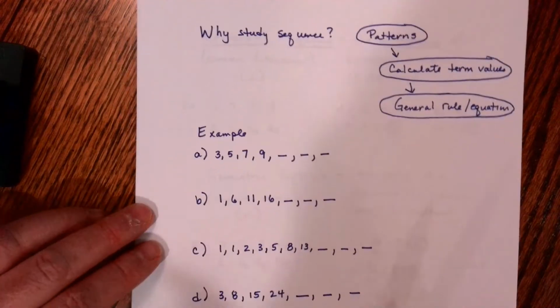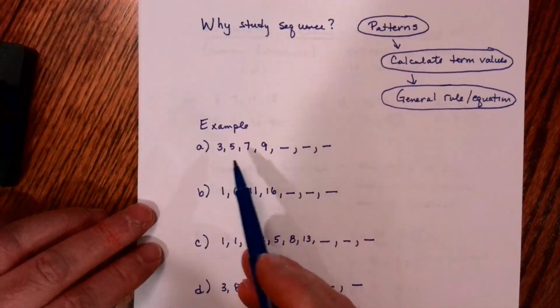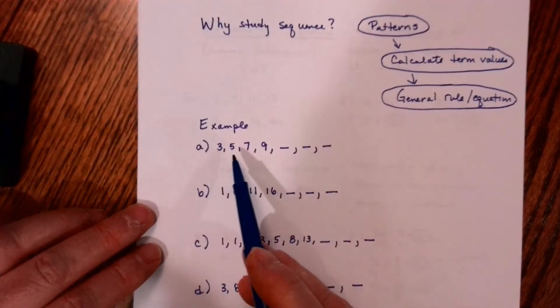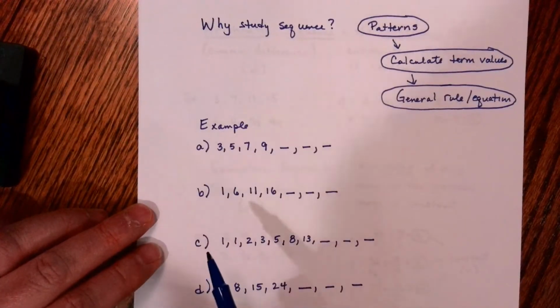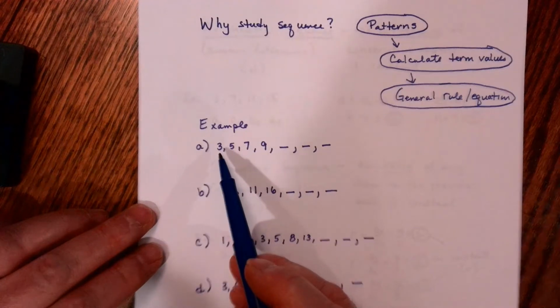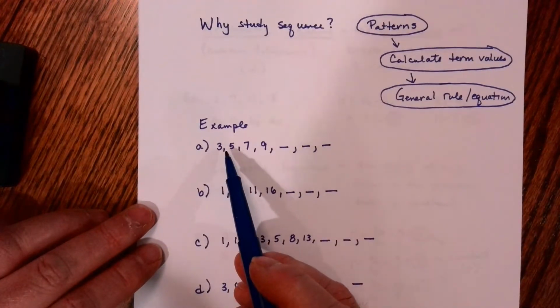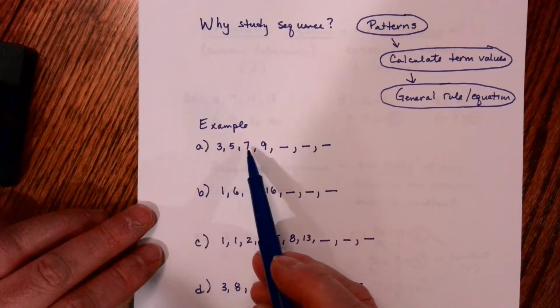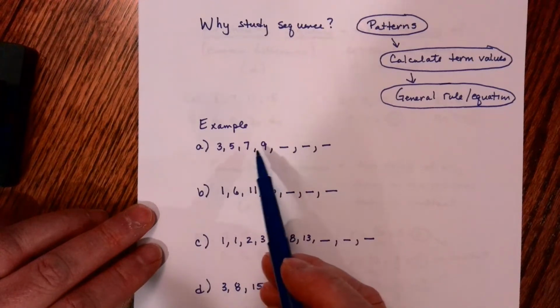So let's take a look at a few examples. Here you have the sequence 3, 5, 7, 9. What do you think the other numbers would be that would fit into the blanks? Hopefully you were able to realize that the difference between 3 and 5 is 2, 5 and 7 is 2, 7 and 9 is 2.